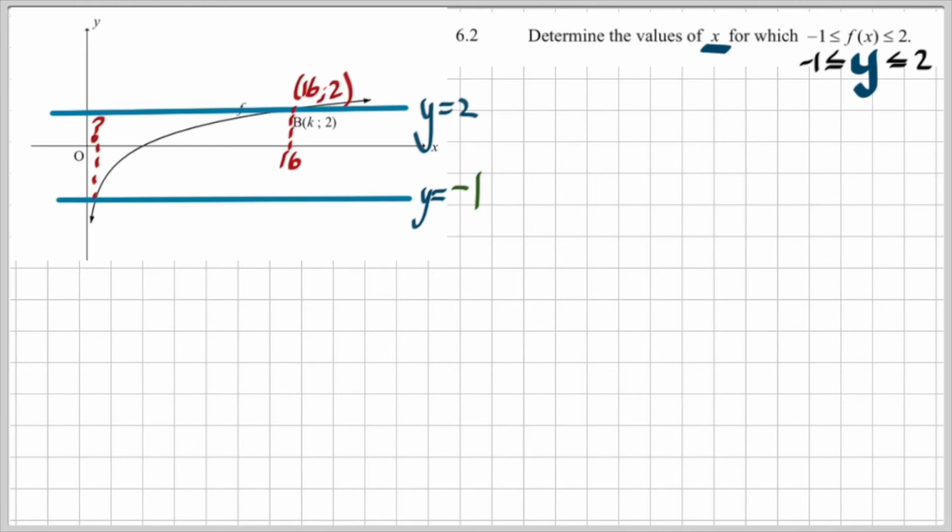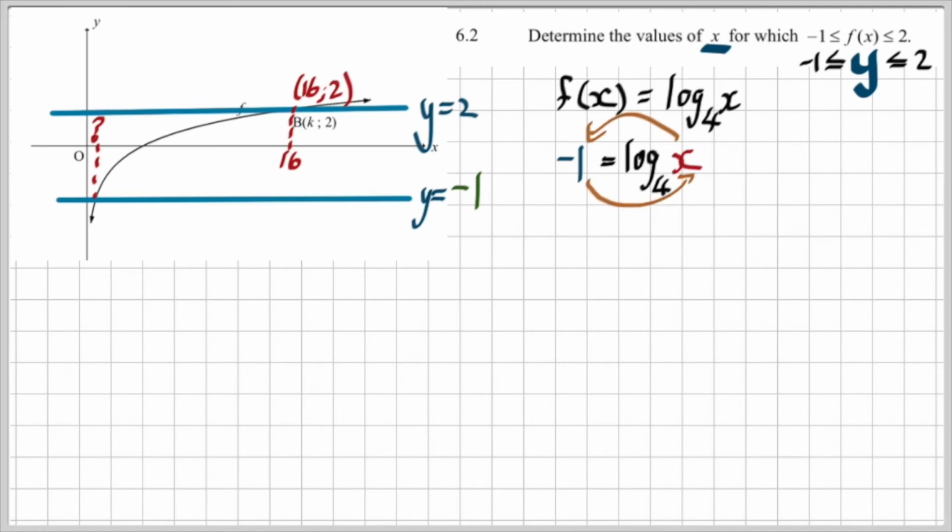So I need to get that because that's going to tie into my answer. So when I now get that, I'm going to follow the exact same procedure as I did with finding k. So I'm going to substitute y with -1. I'm going to rewrite in exponential form, and I'm going to solve x. So x is a quarter.